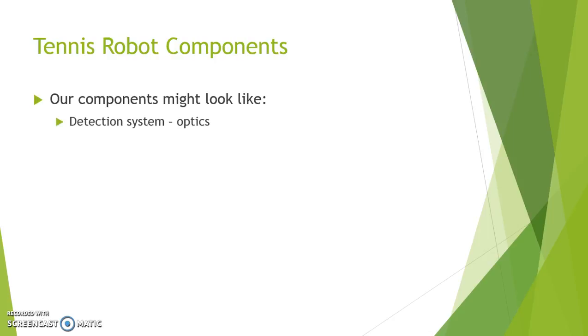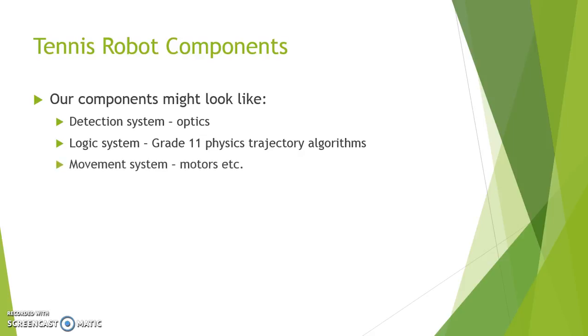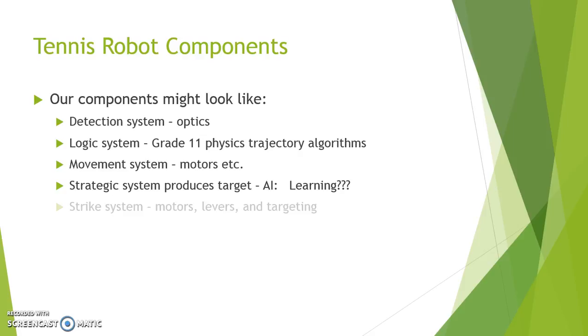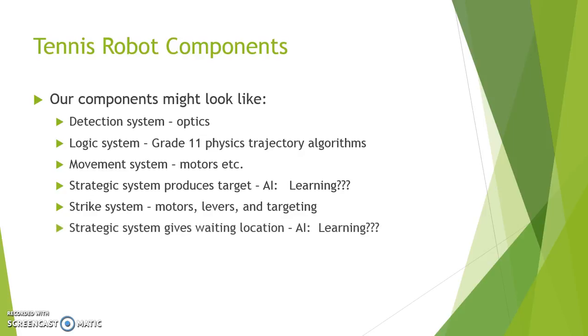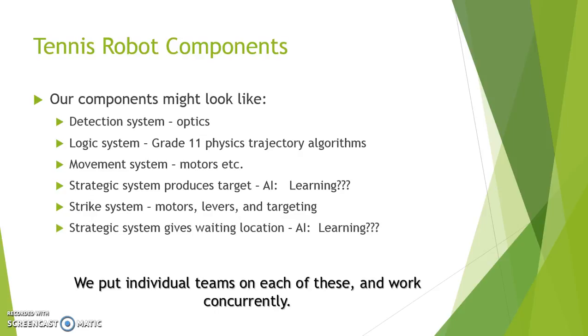Our components might look something like an optical detection system, a purely computer-based logic system based on grade 11 physics trajectory, a movement system involving motors, a strategic system that produces the target to which we're going to try to put the ball, involving AI and potentially a learning system, a strike system with motors, levers, etc. And you get the idea.